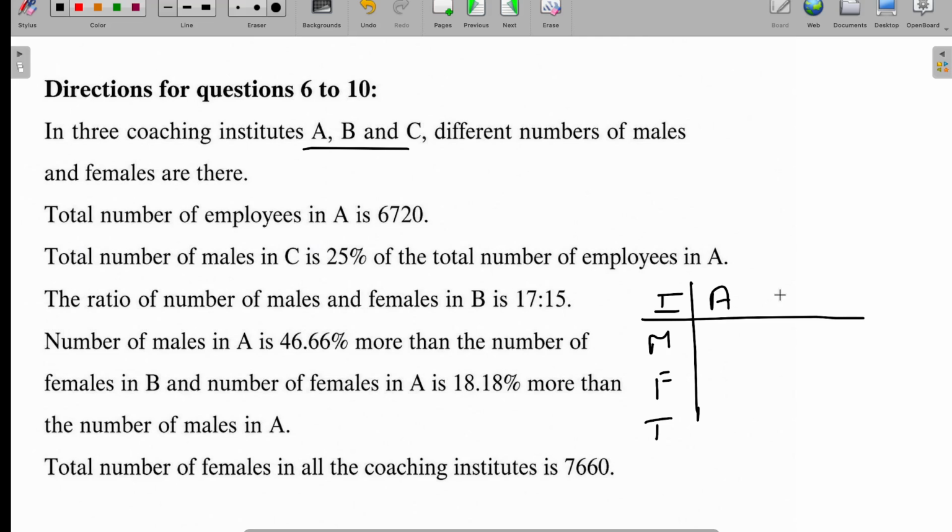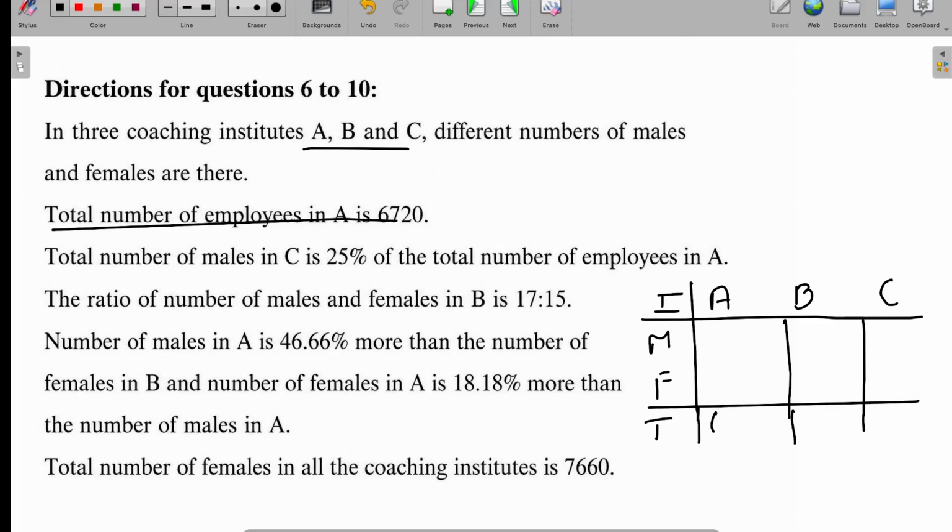Institutes is A, B, C. Okay. Now the first point, total number of employees in A. A we have total, that will be 6720. Total employees 6720.